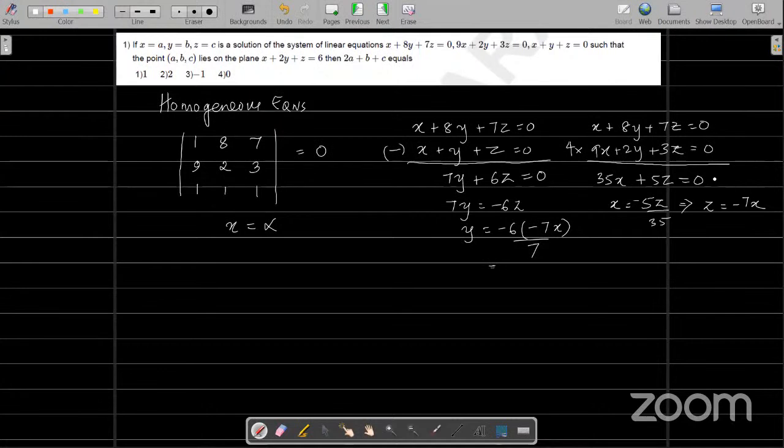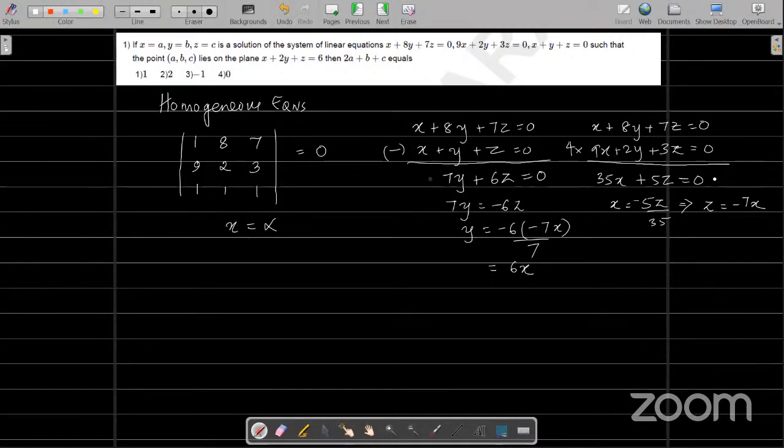So that becomes plus 6x. So if you notice, I have written the y and z in terms of x because we don't know the values, right? So that is where we are able to write y and z in terms of x.